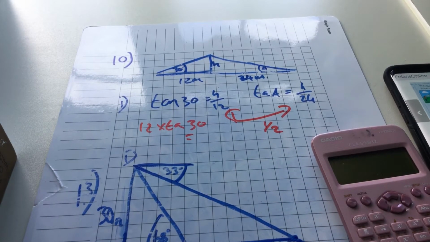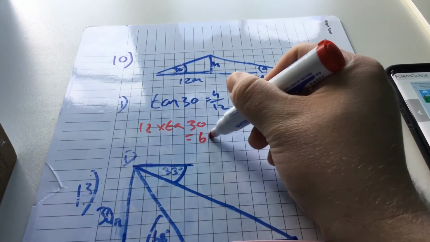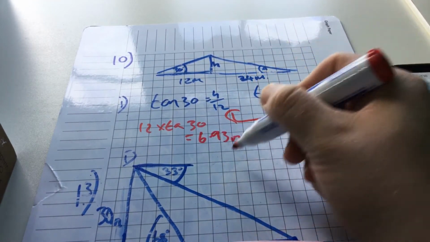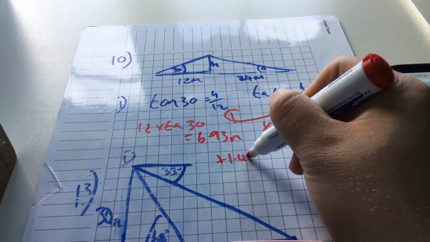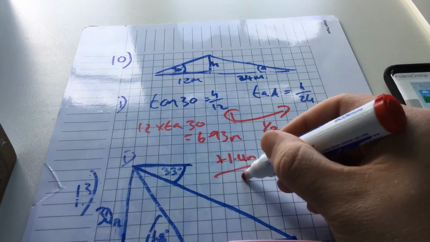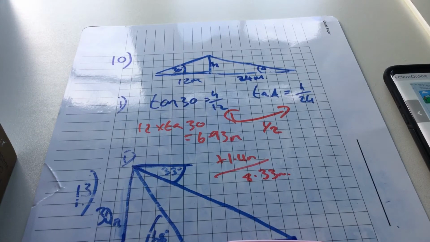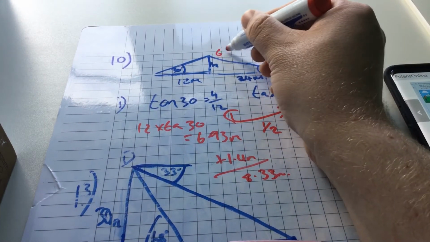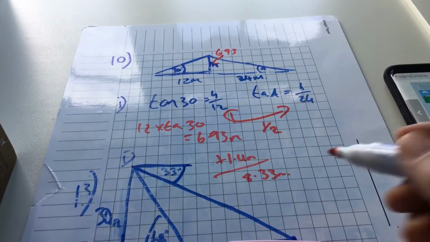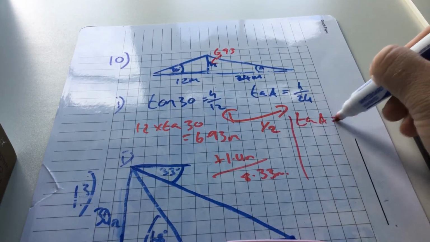It wants it to 2 decimal places for part 2. That's 6.93 meters. You then have to add the 1.4 meters that they're holding it above. So we're getting 8.33 meters above.